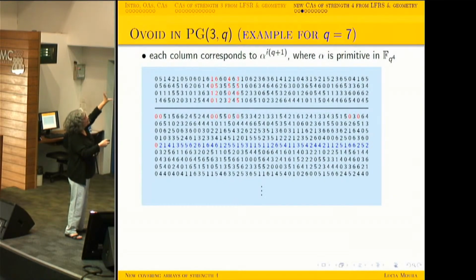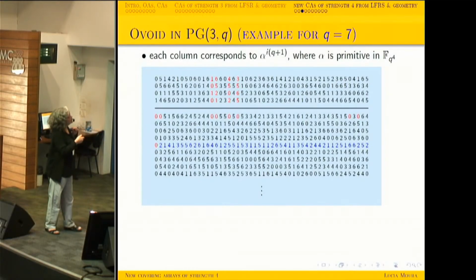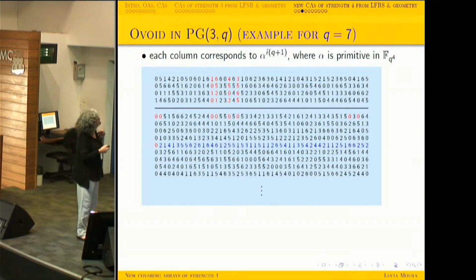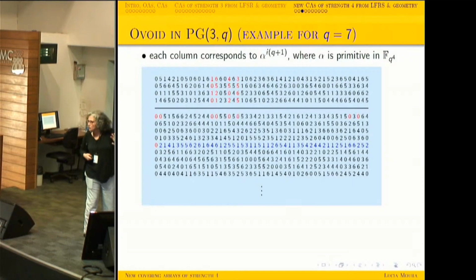I'm taking here an ovoid for q equals 7, an ovoid in PG(3,q). There are q^2+1 = 50 points in this ovoid, represented by these vectors of dimension 4 here. Here are some rows of the array, which are linear combinations of these.